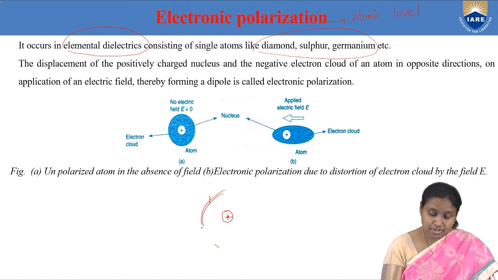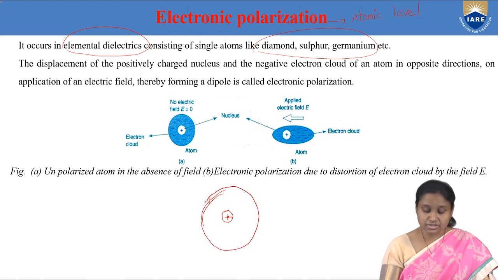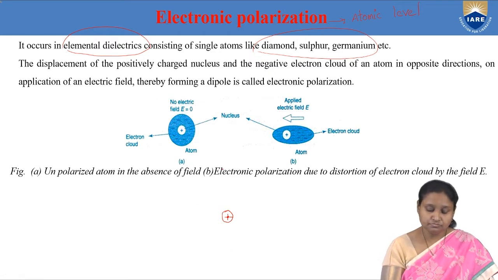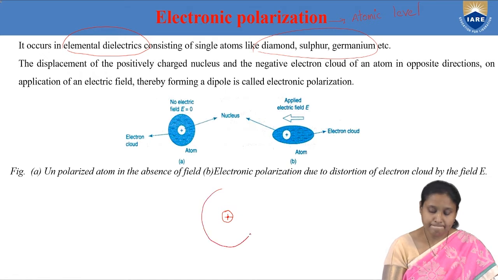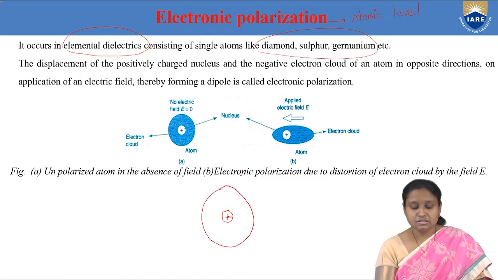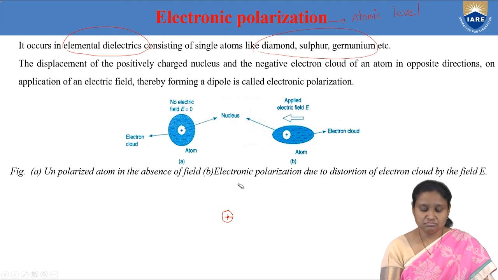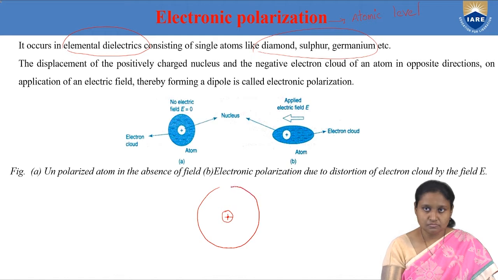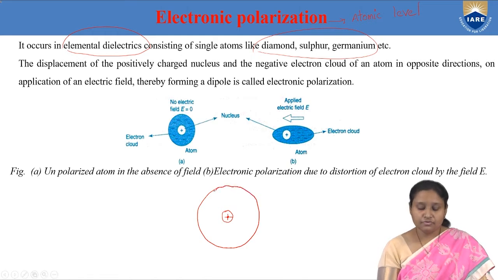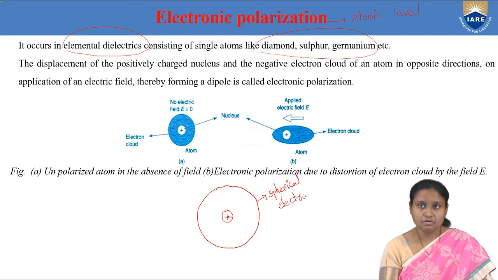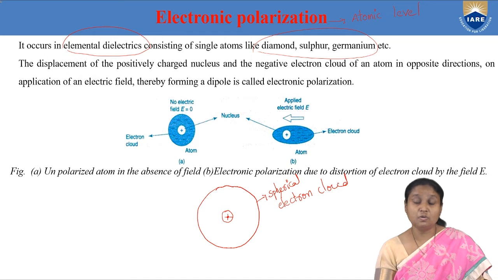So this is our spherical electron cloud, where we have electrons distributed in various orbits.